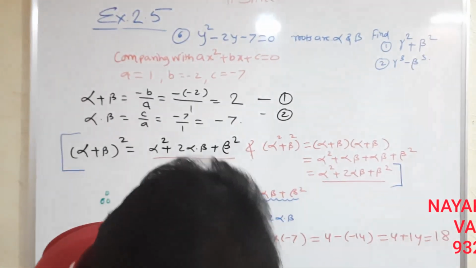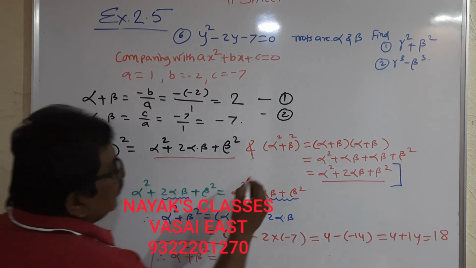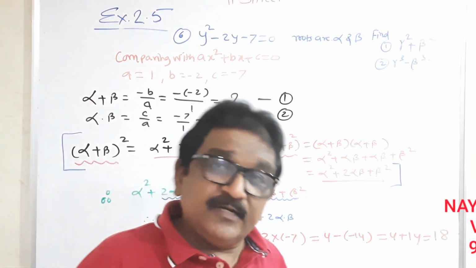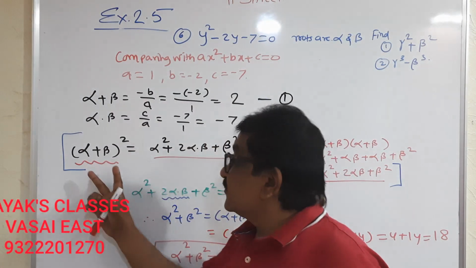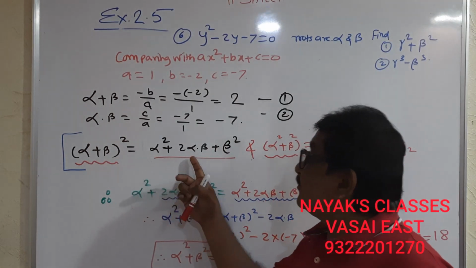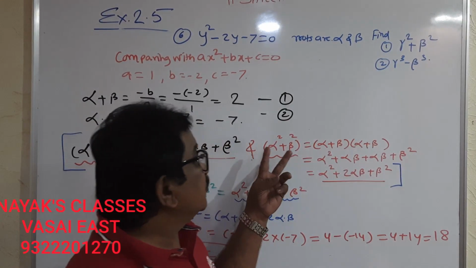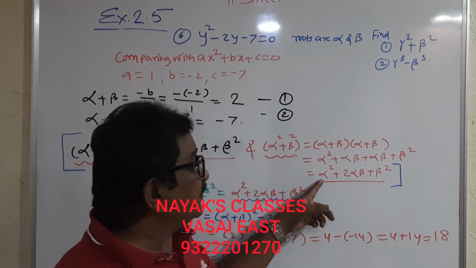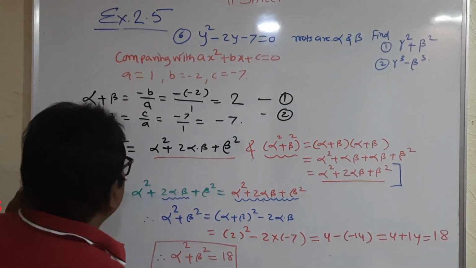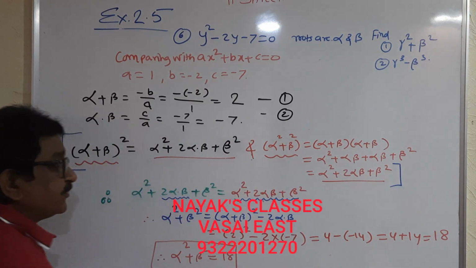In other words, we can say these two identities, even though they are looking very different, are same. Alpha plus beta the whole square is alpha square plus 2 alpha beta plus beta square, and alpha square plus beta square is also alpha square plus 2 alpha beta plus beta square. Means these two identities have same expansion.